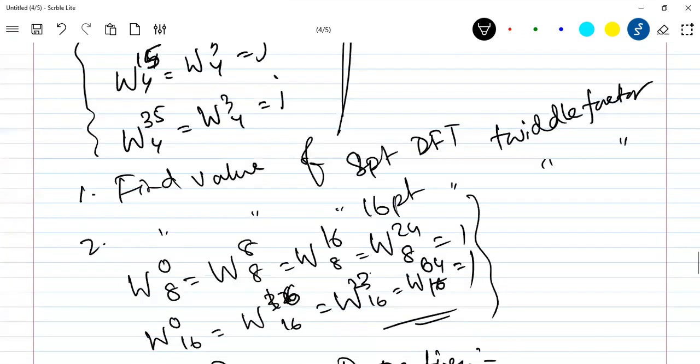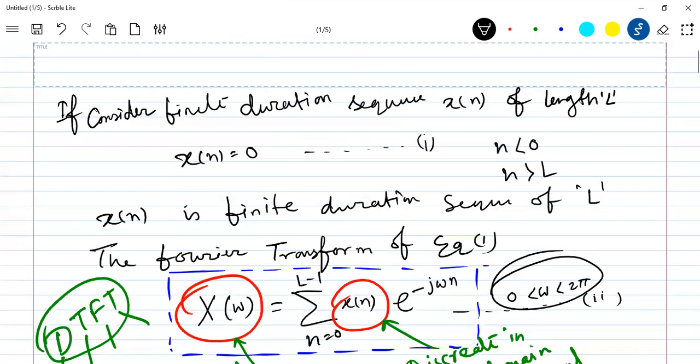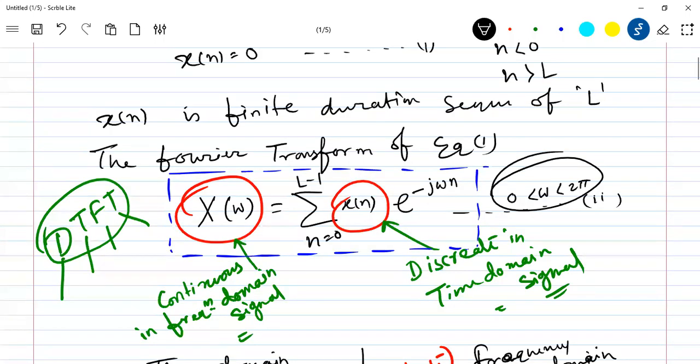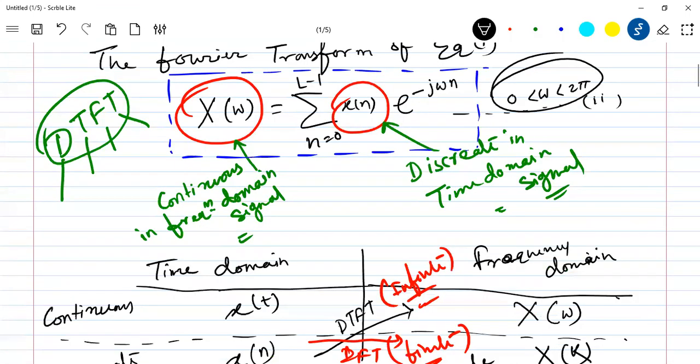Today I discussed from the beginning, and again I recap the things. First we considered the DTFT formula. Based on it, for finite length we find the Fourier transform, and from it we get the result as a continuous signal in the frequency domain, based on the formula summation n equals 0 to L minus 1 of x[n] e to the power minus j omega n.